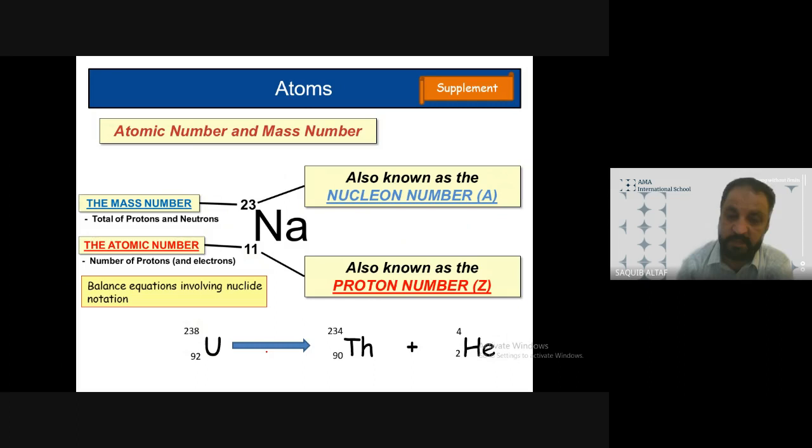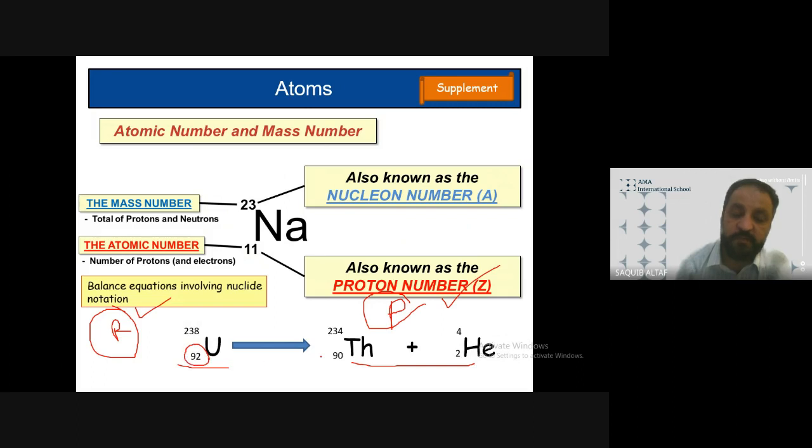The important thing here is that equations should be balanced, meaning the law of conservation of charge should be valid. The reactant is what reacts, and the product is what comes out. The charges of reactant and product should always be the same. On the reactant side, protons are 92.